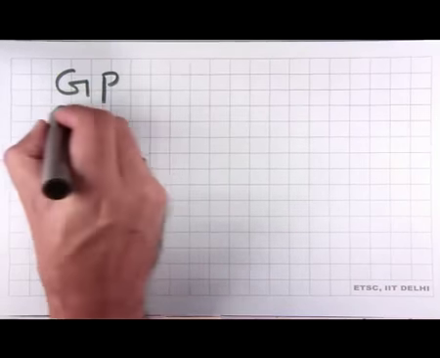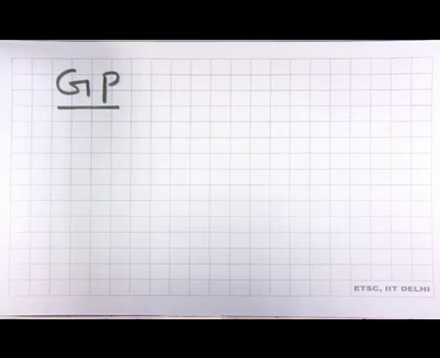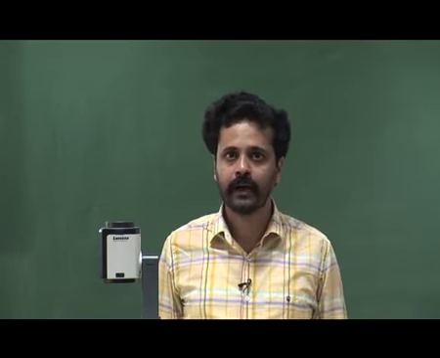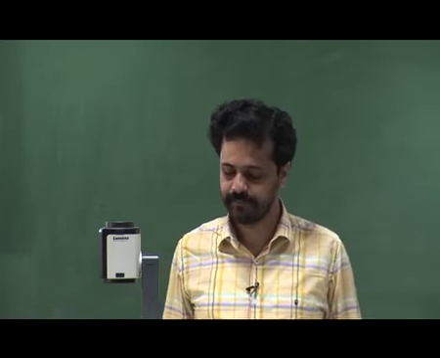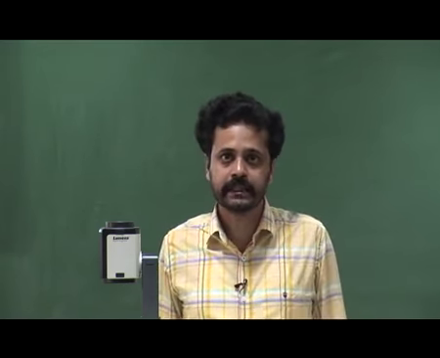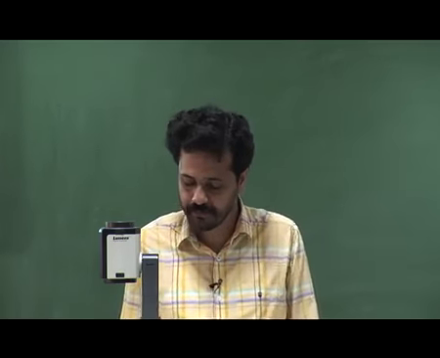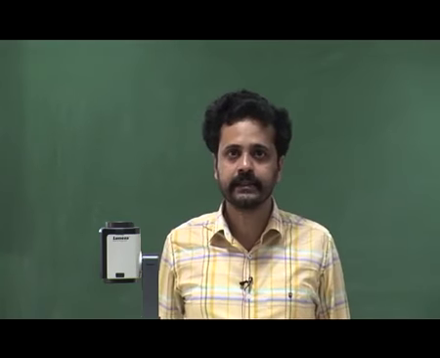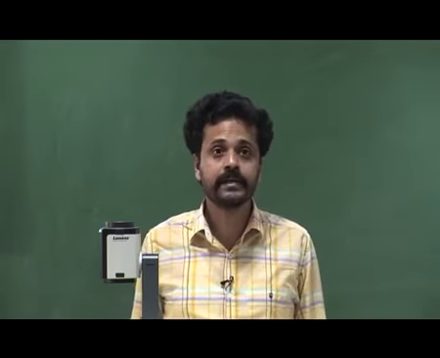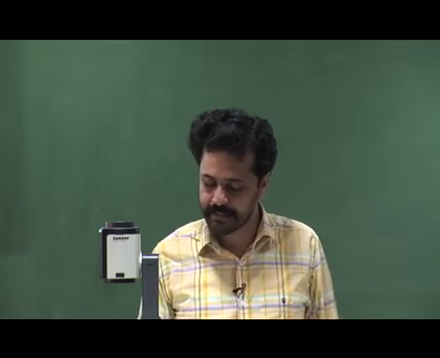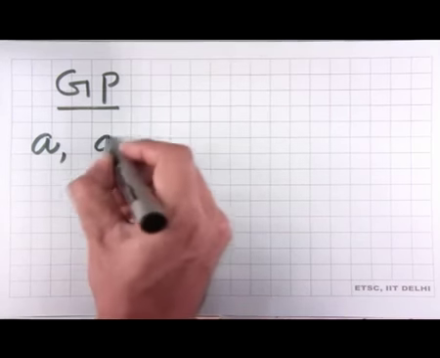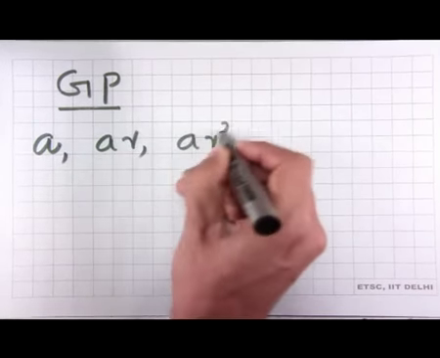Similarly, let me remind you that a GP is a sequence where the ratio of two successive terms remains a constant. This constant is referred to as common ratio. A typical GP with first term A and common ratio R can be represented or listed as A, AR, AR square, and so on.